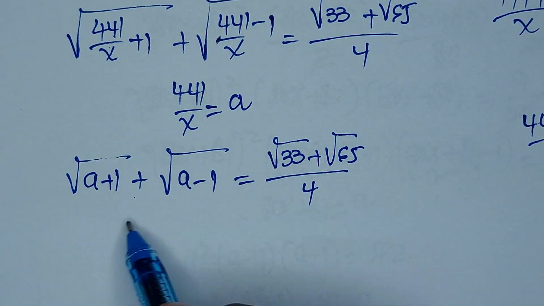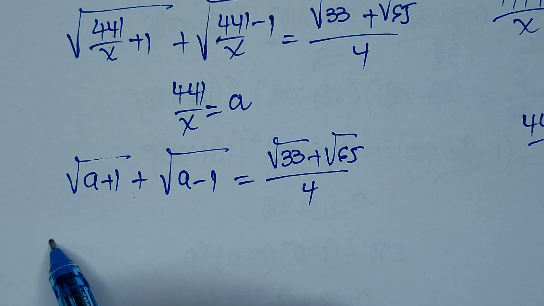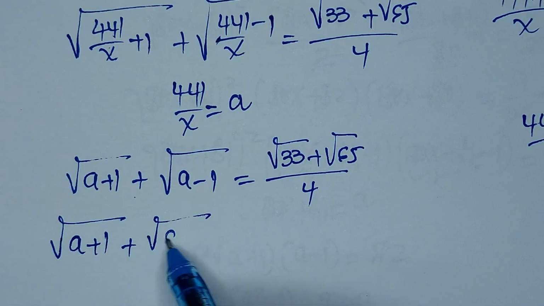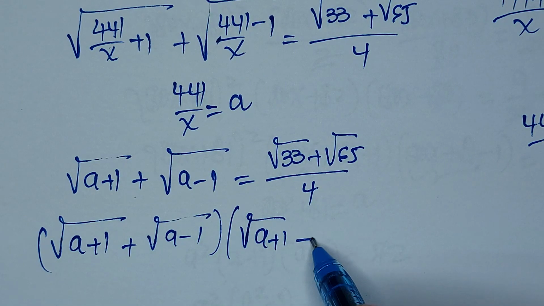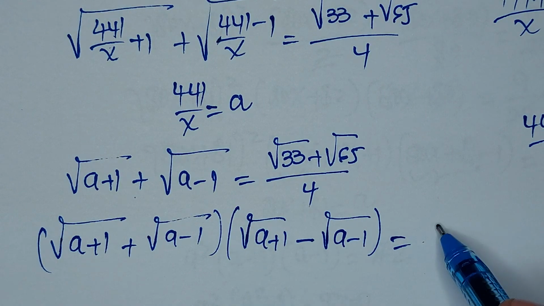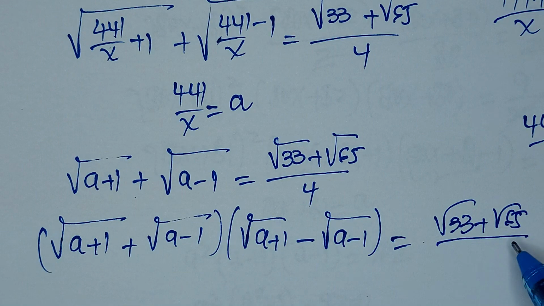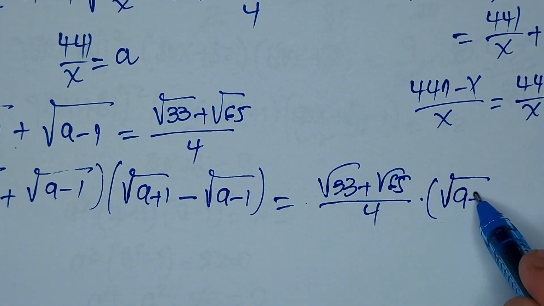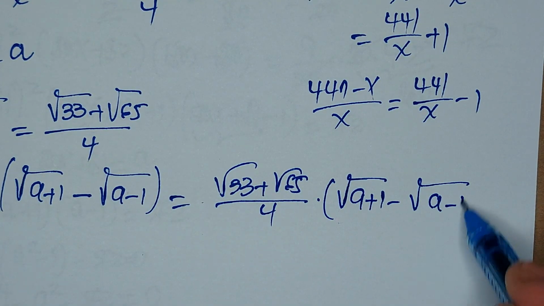So I'm going to have square root of a plus 1 plus square root of a minus 1, which multiplies square root of a plus 1 minus square root of a minus 1, and this is going to be equal to square root of 33 plus square root of 65, divided by 4, which multiplies square root of a plus 1 minus square root of a minus 1.